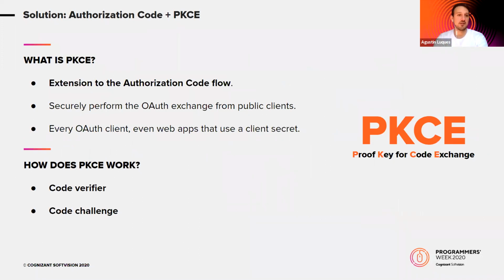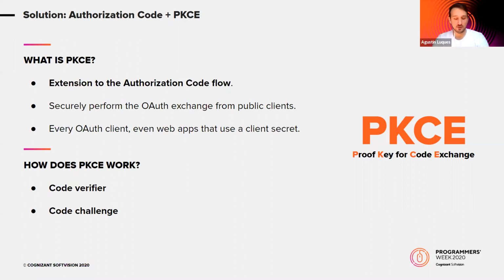PKCE appears as an extension to the authorization code flow, and it securely performs the OAuth exchange for public clients. You can also use it with confidential clients, as we will see later, but it appears to help public clients make secure authorization.